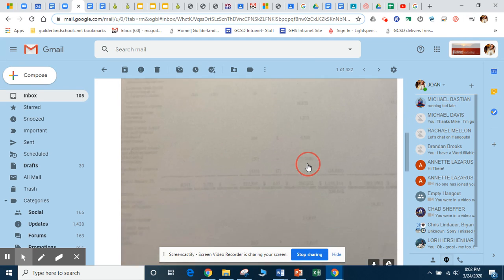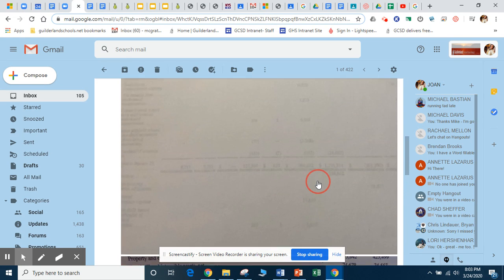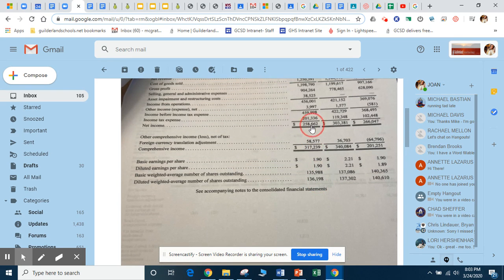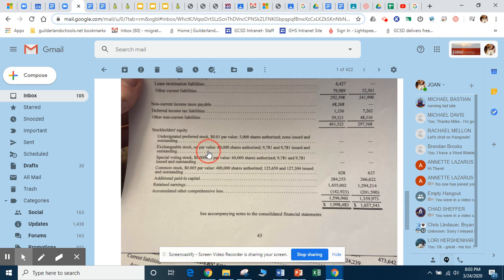In this case, they sent me a copy of a partial section of the balance sheet where it shows the statement of stockholders' equity. So we're going to use this net income figure right here, and then we're going to use the total quantity of the outstanding shares of stock on the dates that we're looking to analyze or put into our spreadsheet.